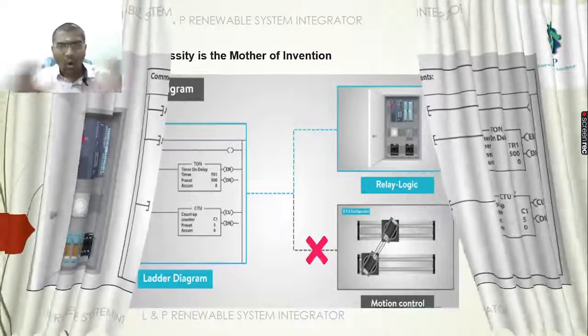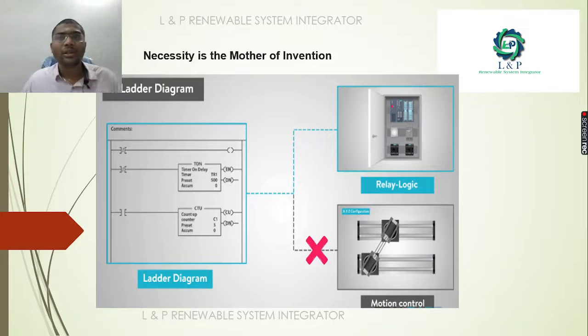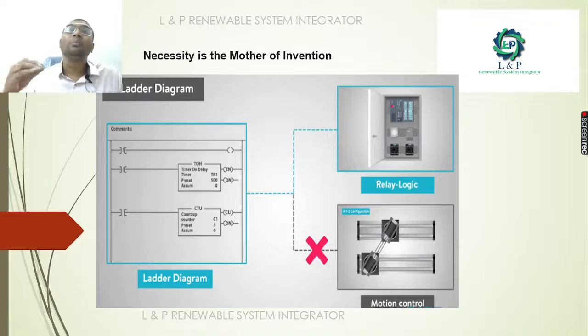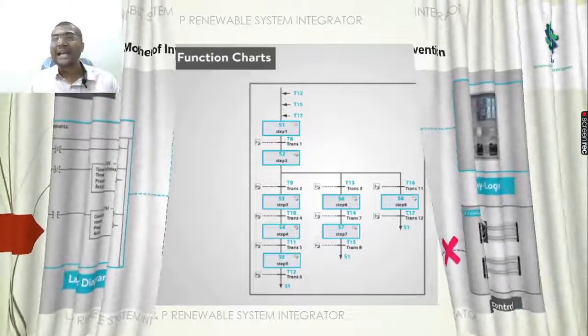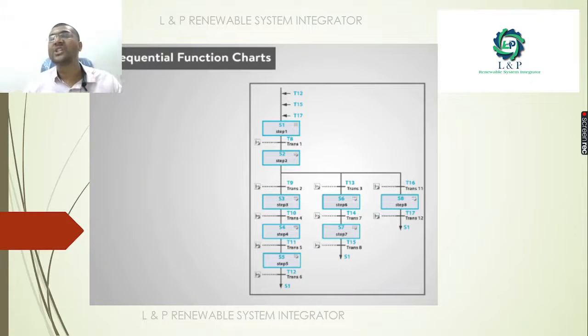As we all know, necessity is the mother of invention. In order to reduce the number of relays we use inside a control panel, we went for the ladder diagram. Now we need a new programming methodology for doing motion controls. So for motion control, they introduced a new programming technique called sequential function charts.